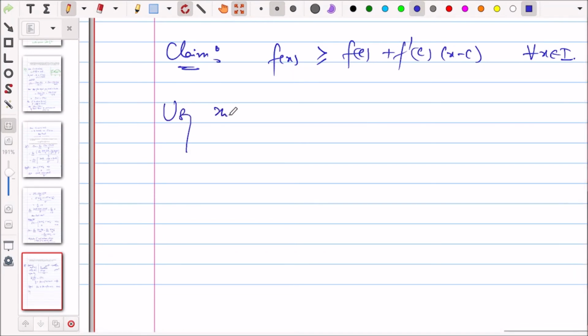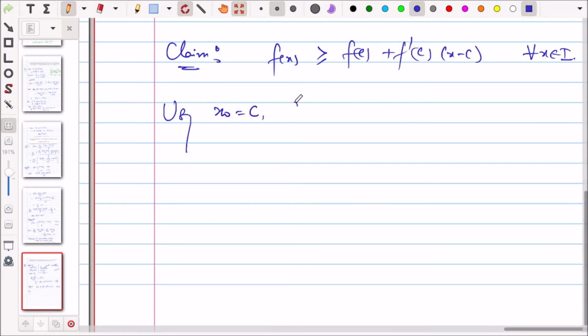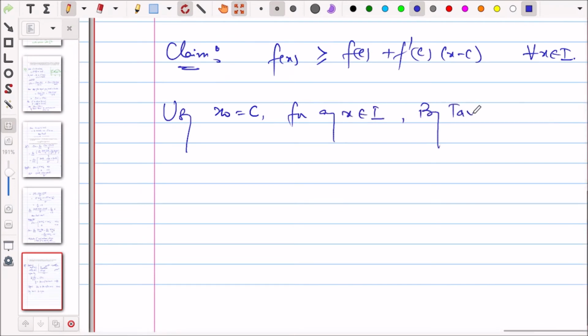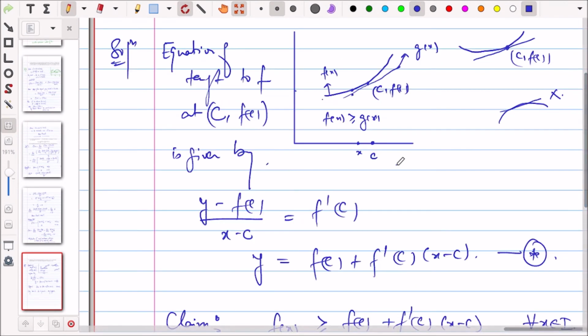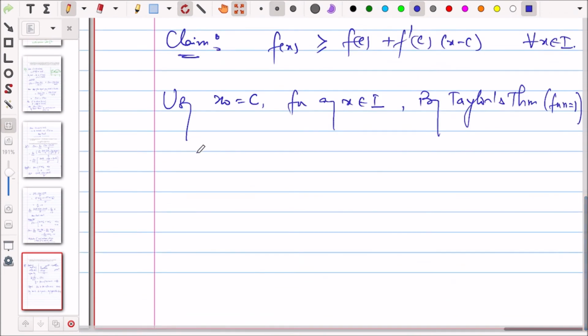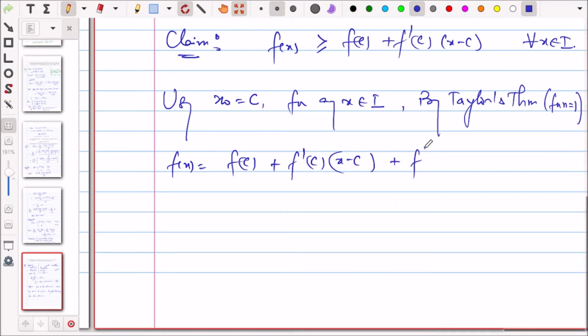For any x belonging to I, by Taylor's theorem for n equal to 1, we will have f(x) is equal to f(c) plus f'(c)(x minus c) plus f''(c)(x minus c) squared by 2 factorial.